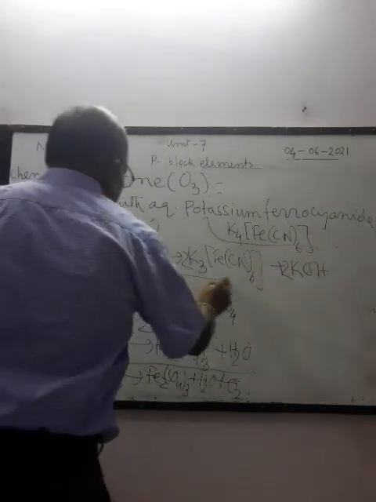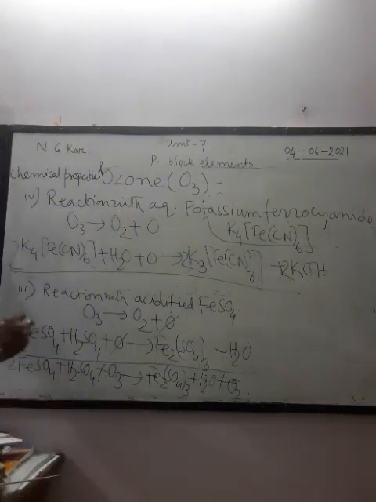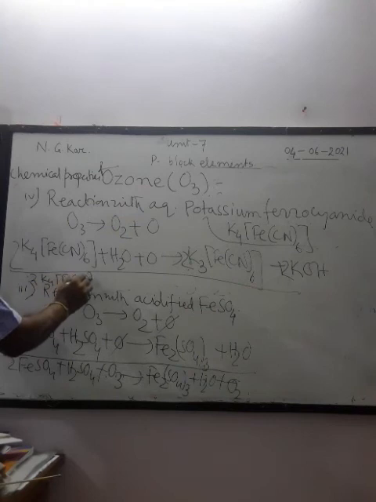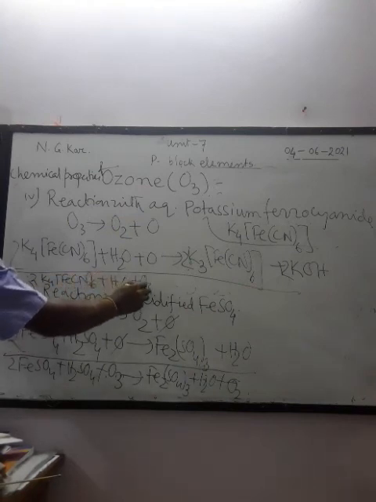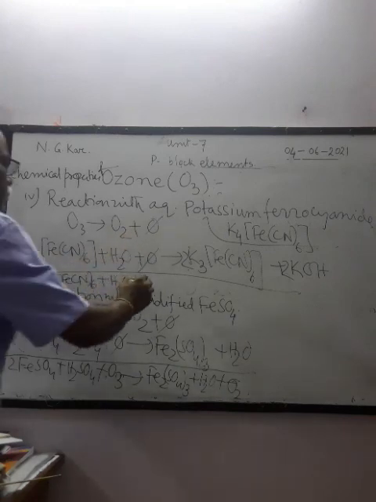So if we balance this reaction, this is the balanced form. If we sum up, the left side is twice K4Fe(CN)6 plus water plus ozone, O cancels out.